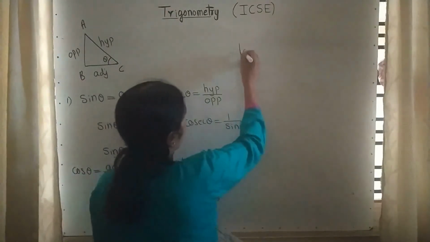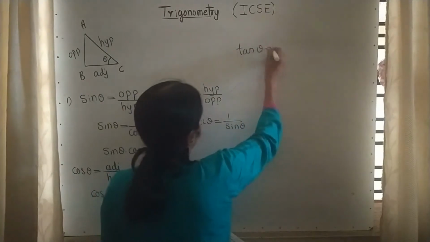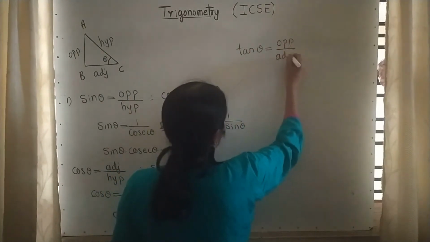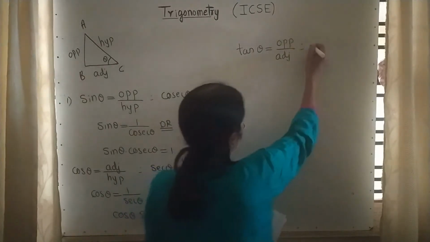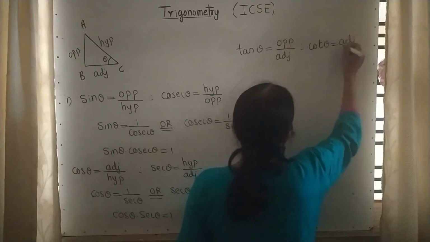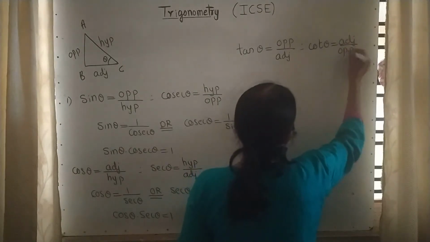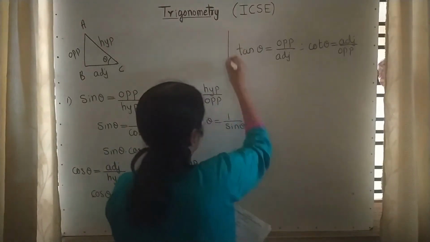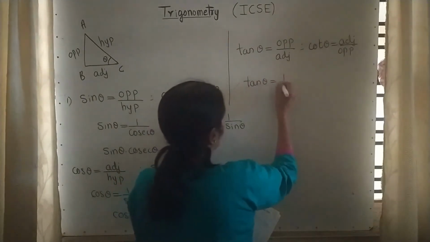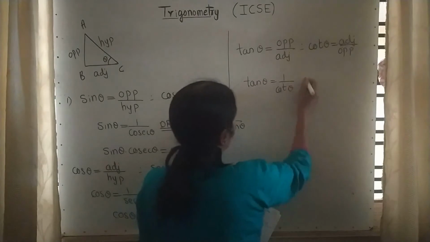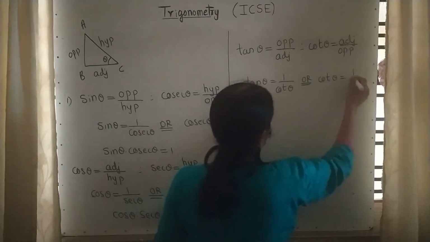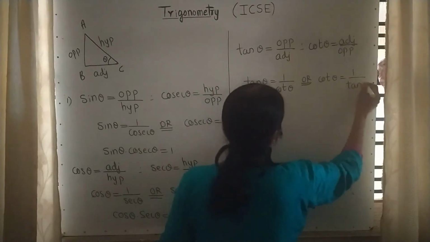The next one is tan theta. Tan is opposite upon adjacent. Exactly in front of that, cot theta. Cot is adjacent upon opposite. See, again they are reciprocal to each other. How? Tan theta we can write as 1 by cot theta, or cot theta as 1 by tan theta.